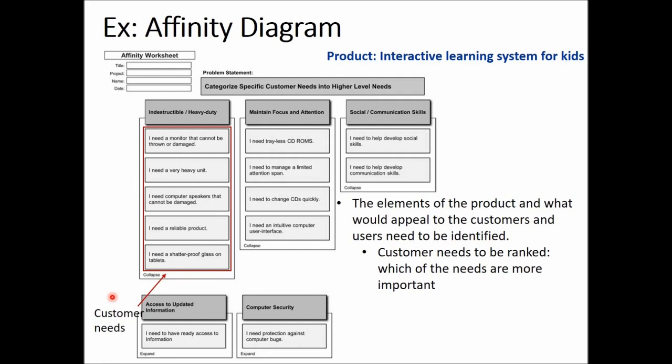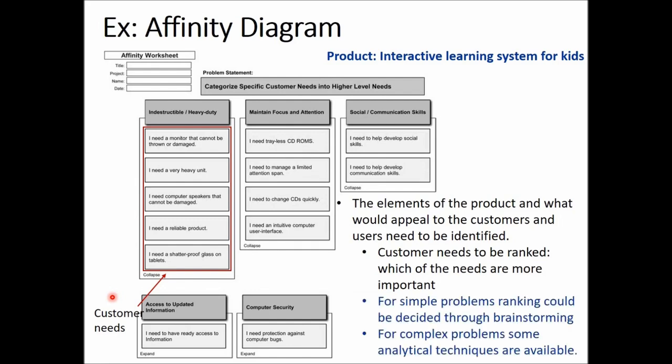For that, of course, we'll have to rank the customer needs according to a certain ranking. You can do that ranking based on your brainstorming discussion, the ideas that come up during the brainstorming session, and your own experience.